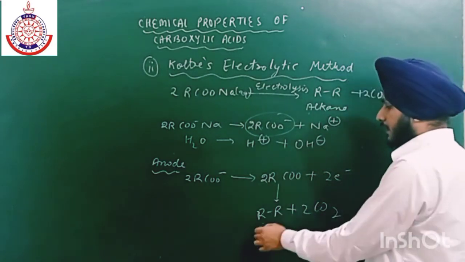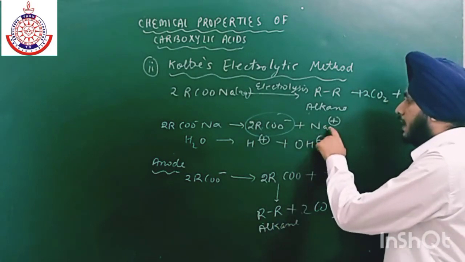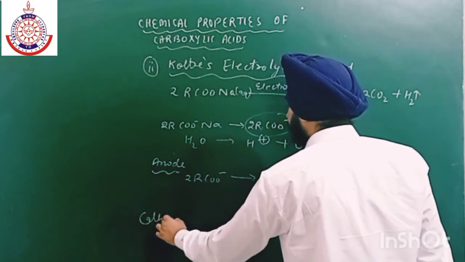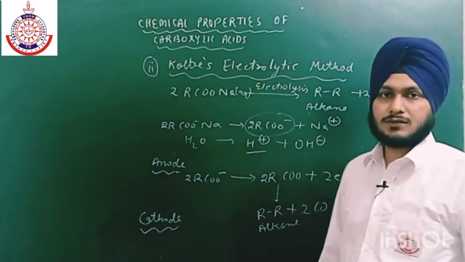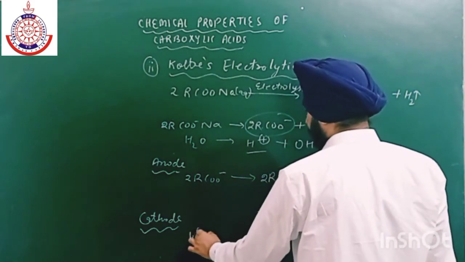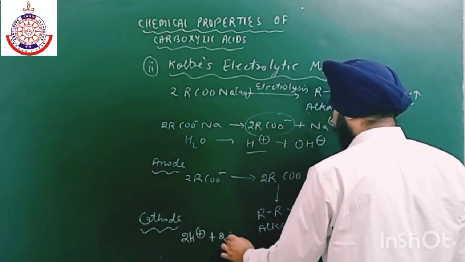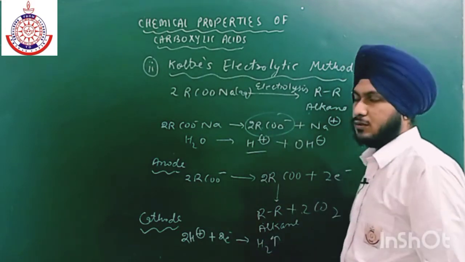So what we get is an alkane. Now, out of Na positive and H positive, the reduction potential of hydrogen is greater than that of sodium, so it will get reduced by taking 2 electrons at the cathode.